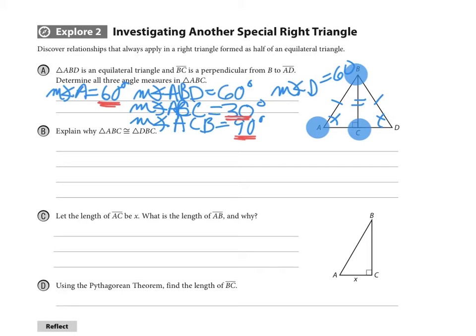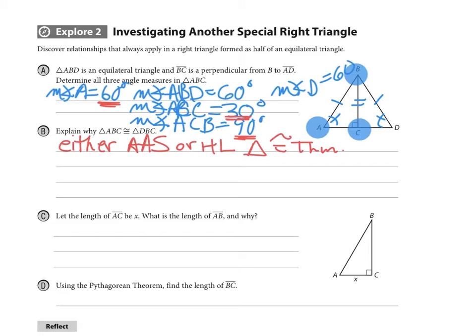So you can either use angle, side, or hypotenuse, leg, to prove that those triangles are congruent.